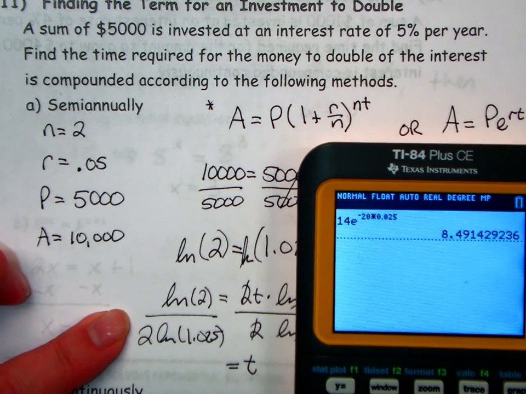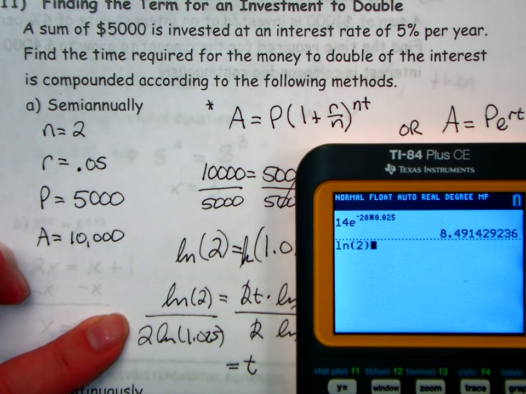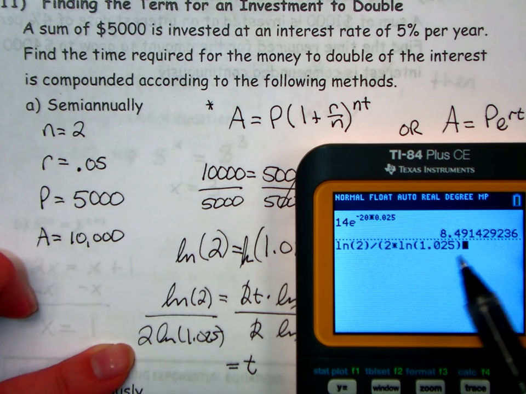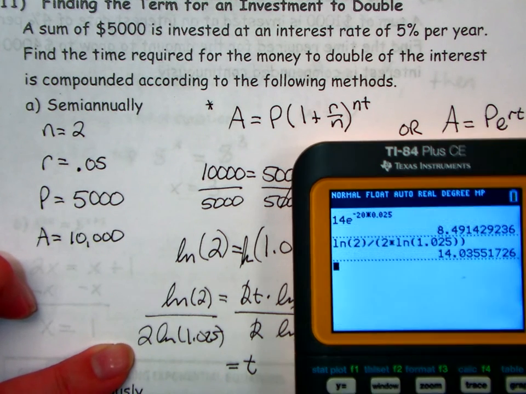So in the calculator, I'm going to type in ln of 2, close those parentheses, divided by. Now, because the denominator here has 2 times ln of 1.025, I'm going to put it in parentheses. 2 times ln 1.025, close the parentheses for the ln, close the parentheses for the denominator, and I get 14.0355, right?